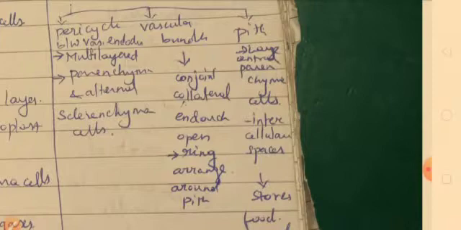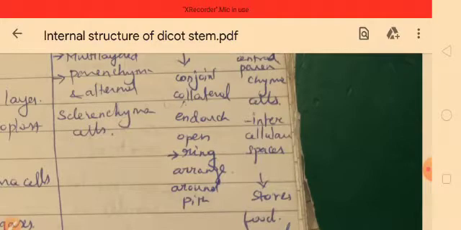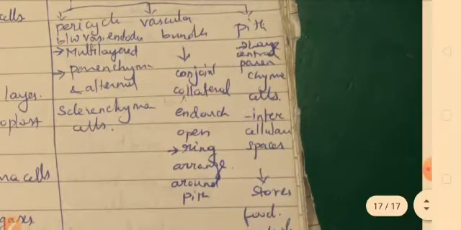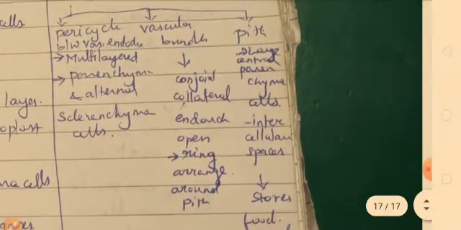It's also endarch, where in the xylem vessels the metaxylem is towards the periphery and protoxylem is towards the center. It also consists of cambium cells in between the xylem and phloem, so it is open type. The vascular bundles have a ring like arrangement around the pith.